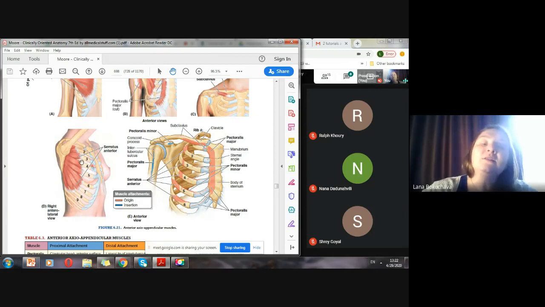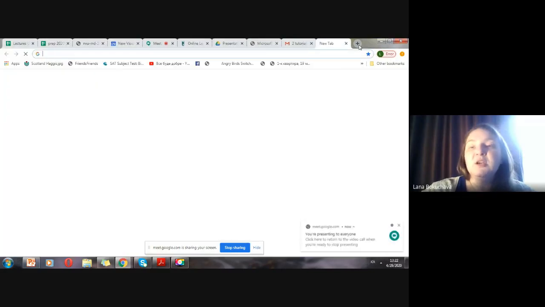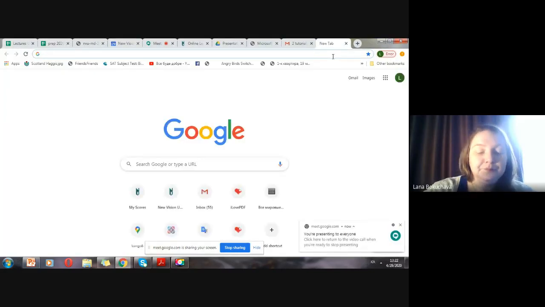Why? Because, as you can see, it is surrounding the wall of the thorax and turning posteriorly towards the scapula. And the most interesting thing is that it is attaching to the medial border of the scapula. Can you imagine?